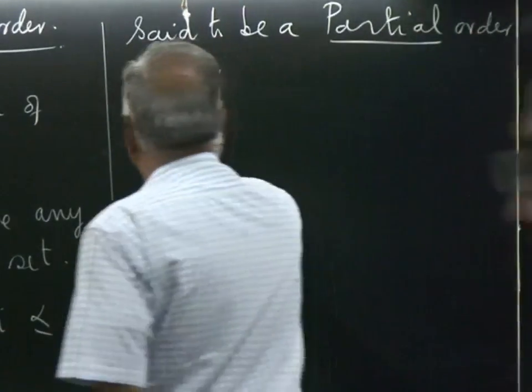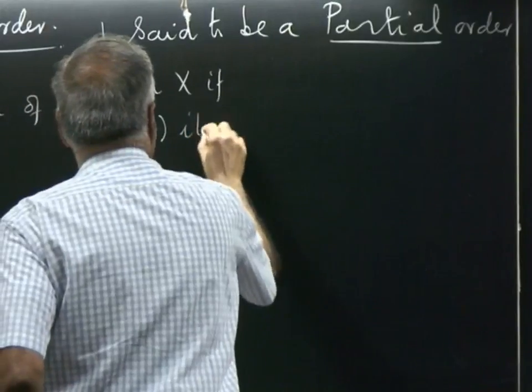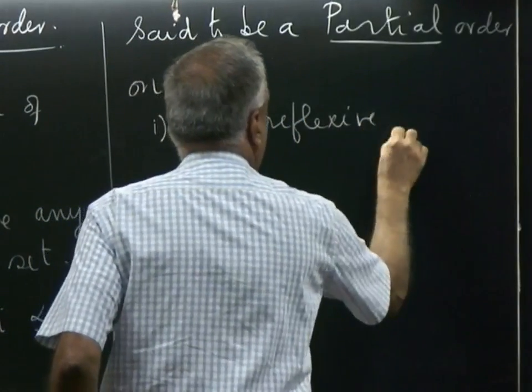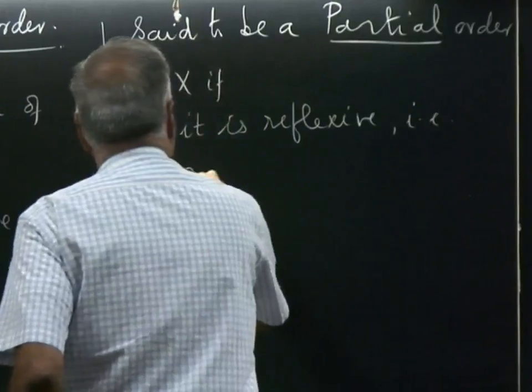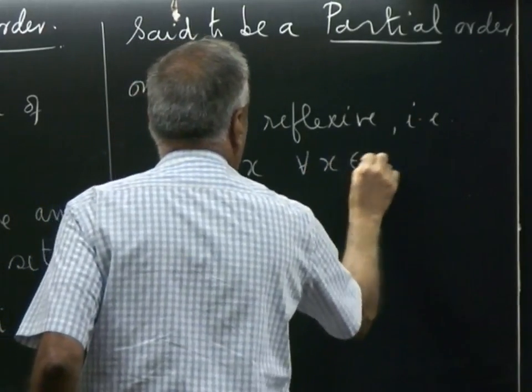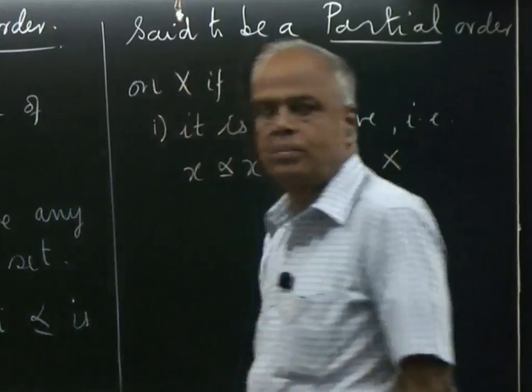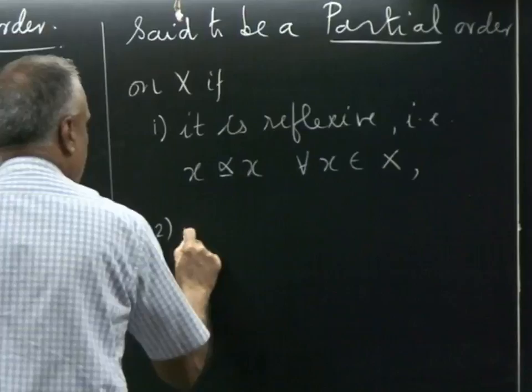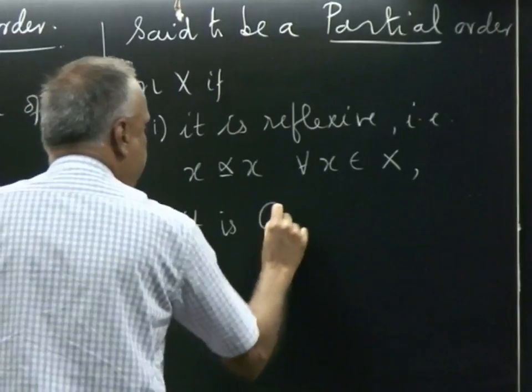That is, one, it is reflexive, that is, x is related to x for every x in X. Okay. Two, it is antisymmetric.